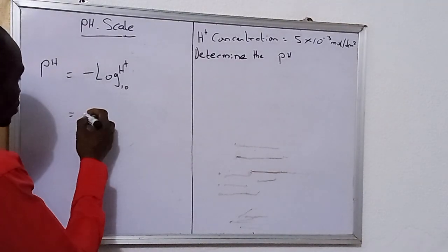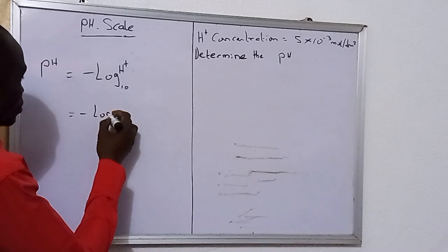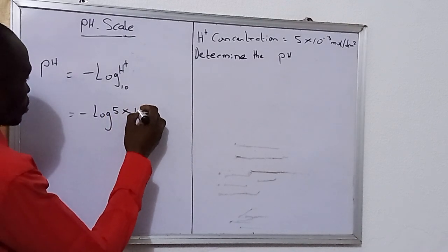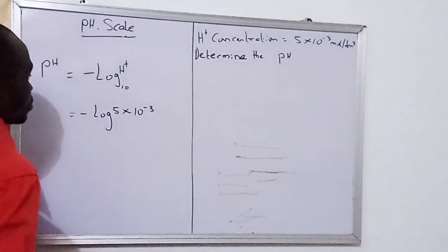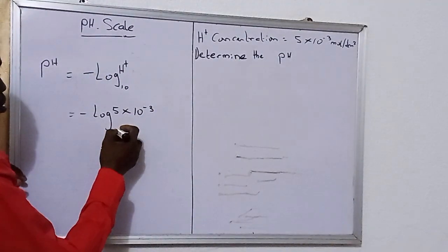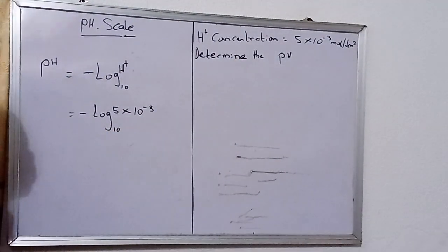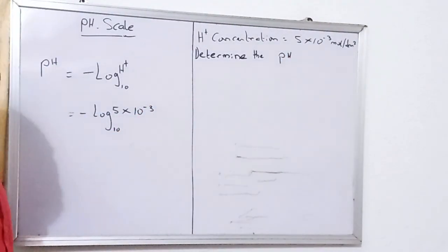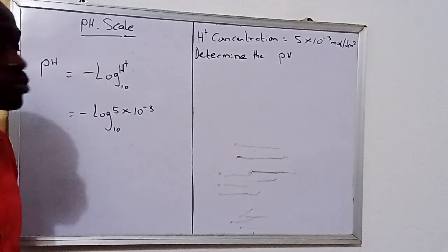What I mean is this: we have the negative logarithm of 5 times 10 to the power minus 3. You put the value into the formula; the units need not be involved.